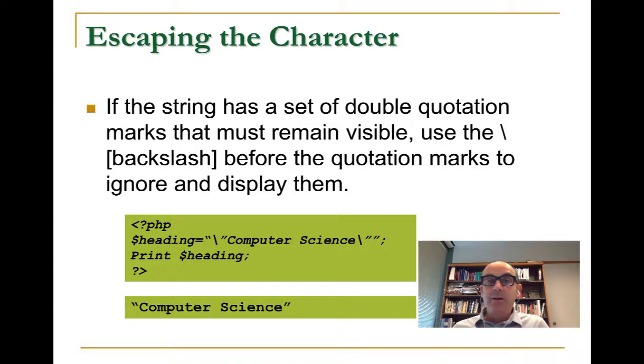Escaping the character is one of the things that we often try to do. If the string has a set of double quotation marks that must remain visible, we often use a backslash before the double quotation marks to ignore or display them. For example, $heading is computer science, and if we print the heading, it will say computer science.